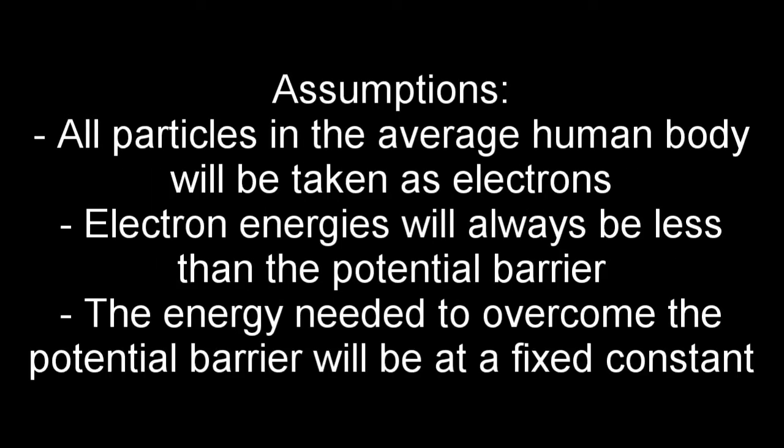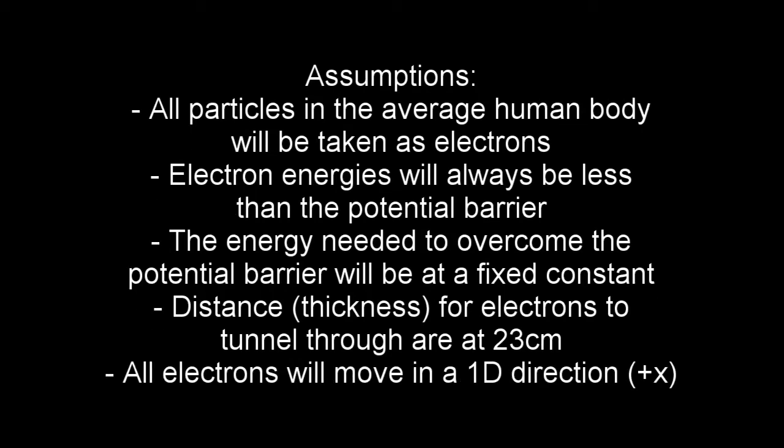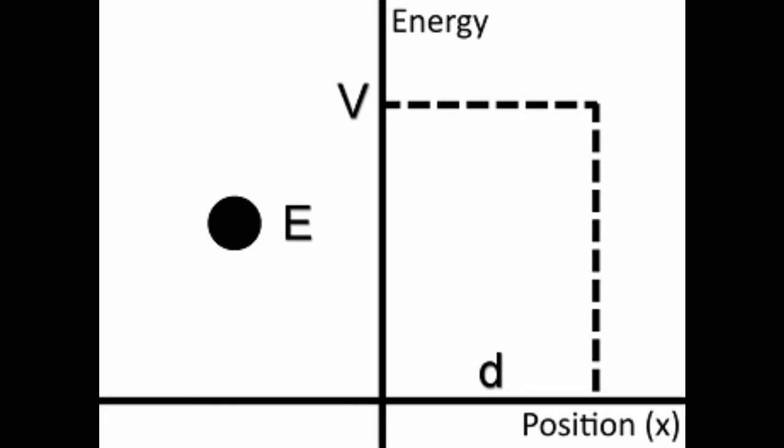So the energy needed to overcome the barrier remains the same in all cases, regardless of the thickness of the barrier. And the distance particles tunnel through is D, and this will be the average thickness of the UK house wall. So in this case, we'll make D equal to 23 centimeters. And another thing is all the particles in this case will be moving in a 1D motion, so they will only be moving in positive x direction. So that's explained in this graph right here anyway.